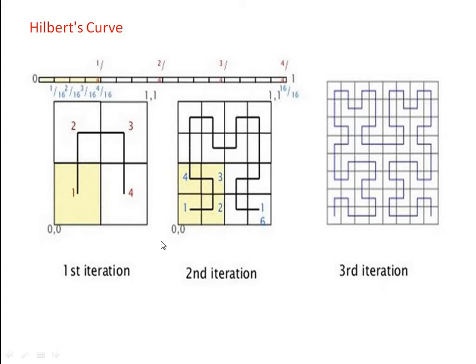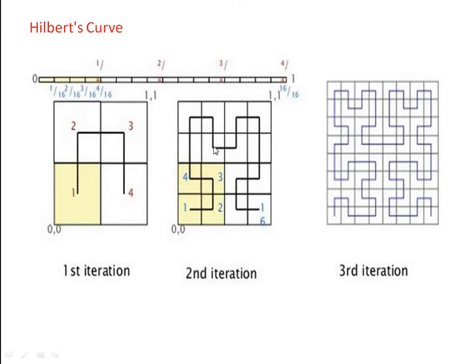So by using these steps we draw the curve. Here we start again, that is first, second, third, fourth. Then we move to the left top, that is the first, second, third, then fourth.